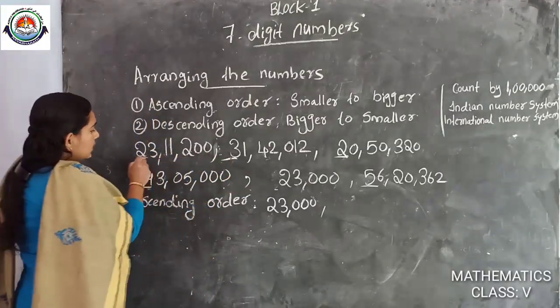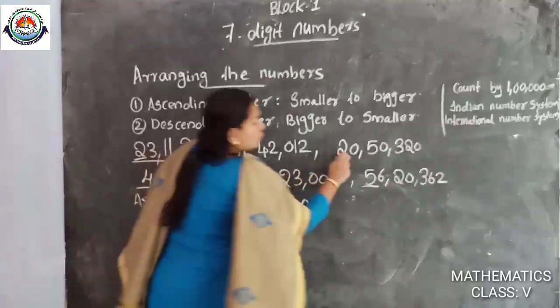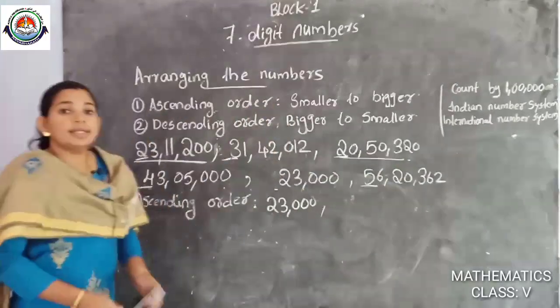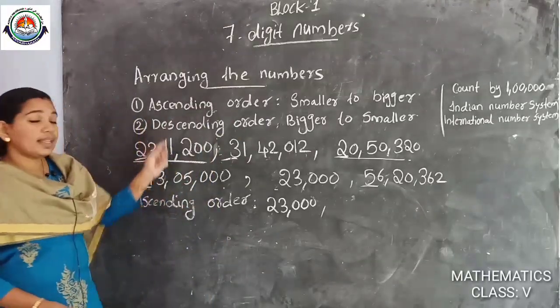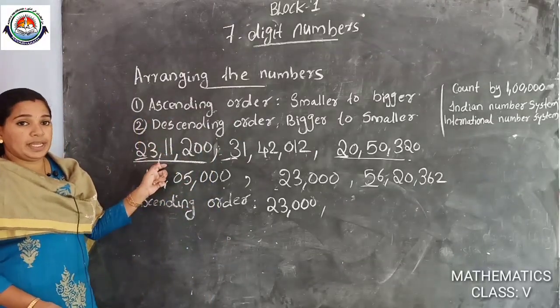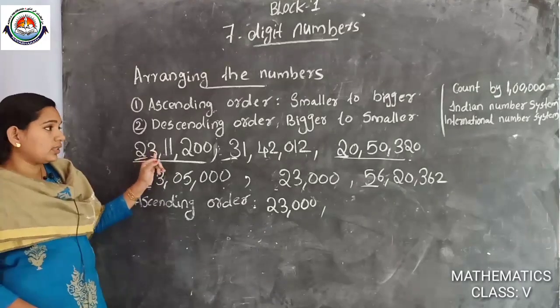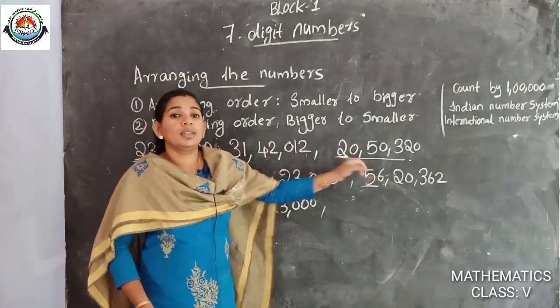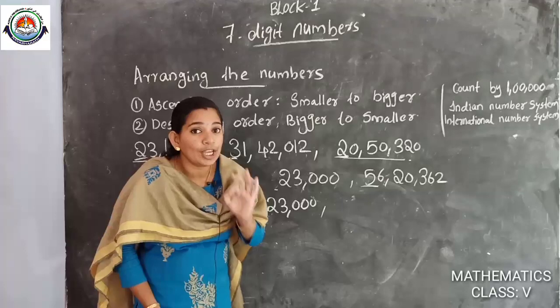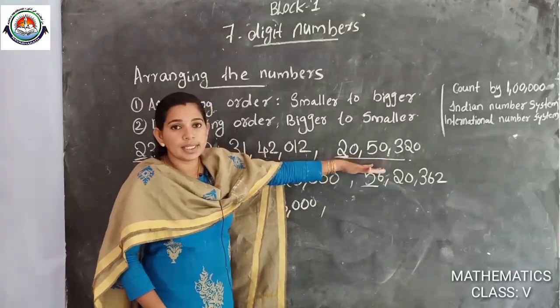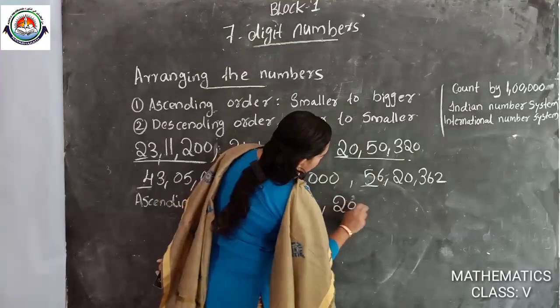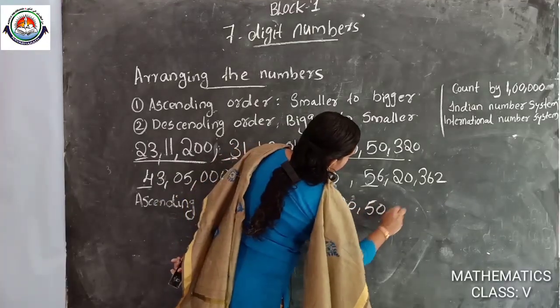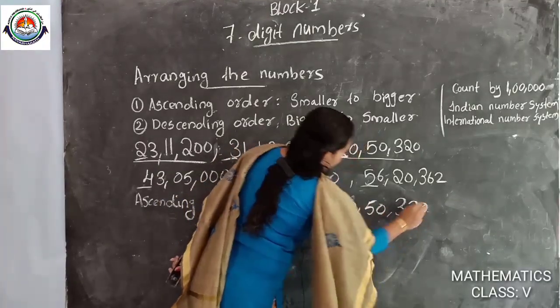But here the 10 lakh position has 2 in 2 numbers. So we check the next place. Here 3, here 0. Which is smaller, 3 or 0? 0. So we consider this the next smallest number: 20 lakh 50,320.